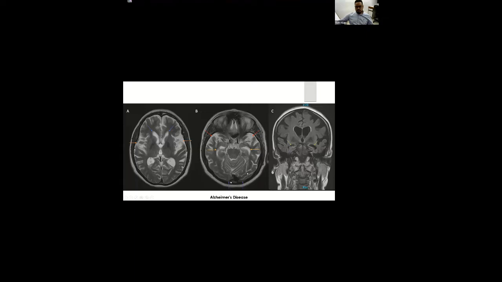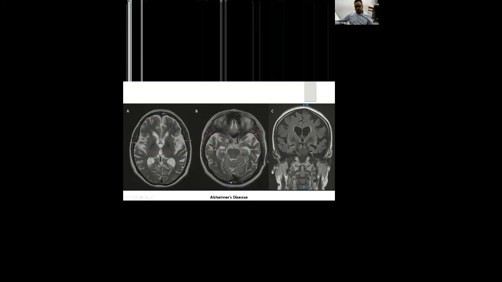In contrast, the occipital lobes are not showing any atrophy. So this is how you differentiate NPH or normal aging brain from Alzheimer's disease. In addition, you can see bilateral symmetrical atrophy of the mesial temporal lobes, which is seen in cases of Alzheimer's disease.